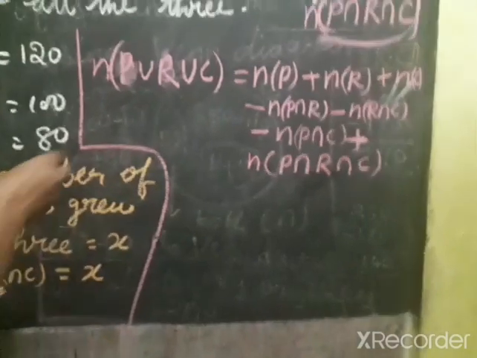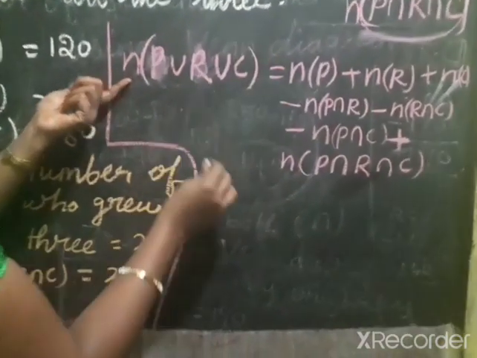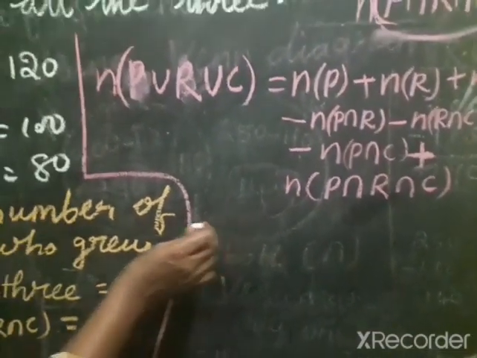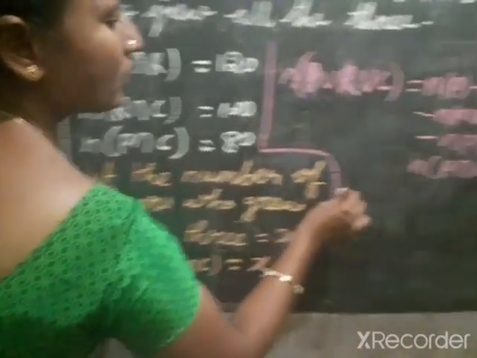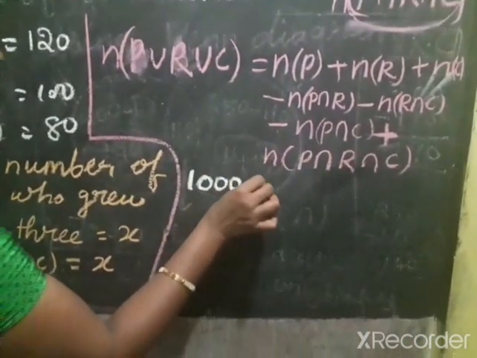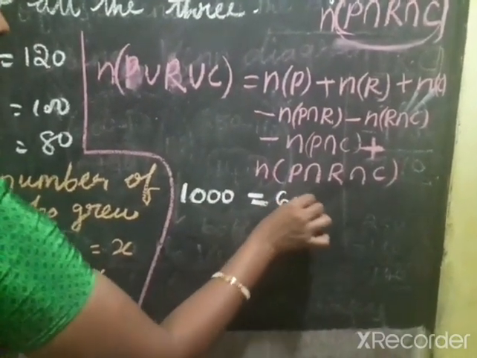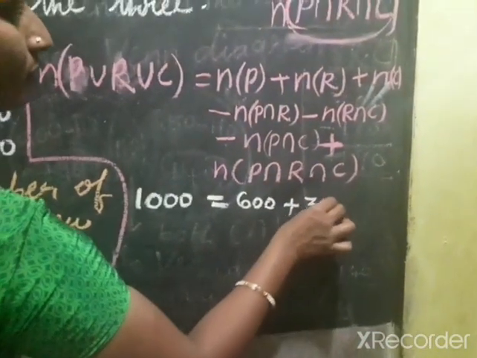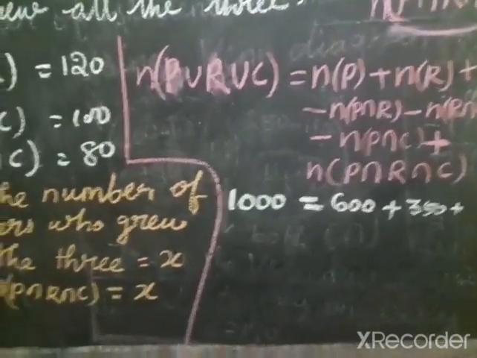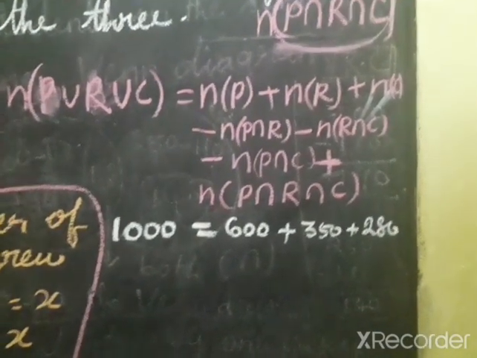Now we apply the values to N of paddy union ragi union corn. What is the value? You know very well, it is the given value, see the question. It is 1000. So 1000 is equal to N of P, which is 600, plus N of R, 350, plus N of C, 280. Next, don't forget which symbol?